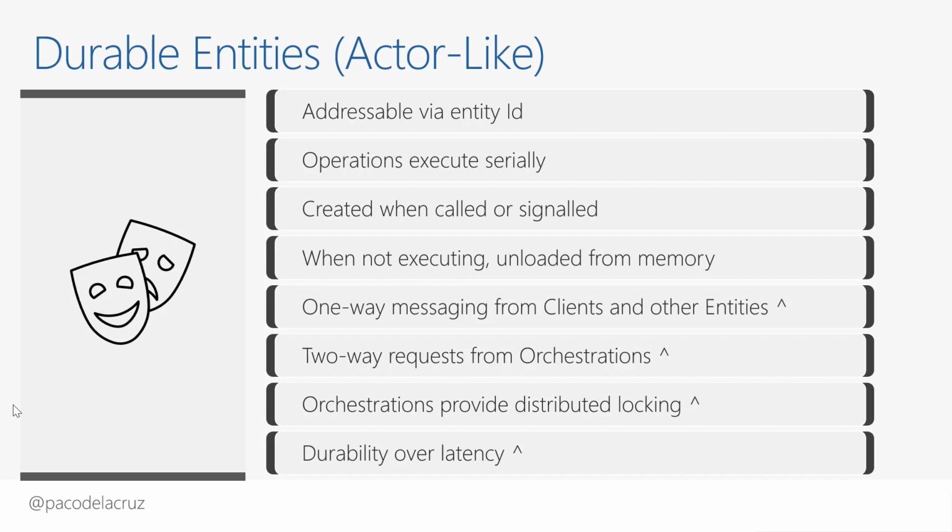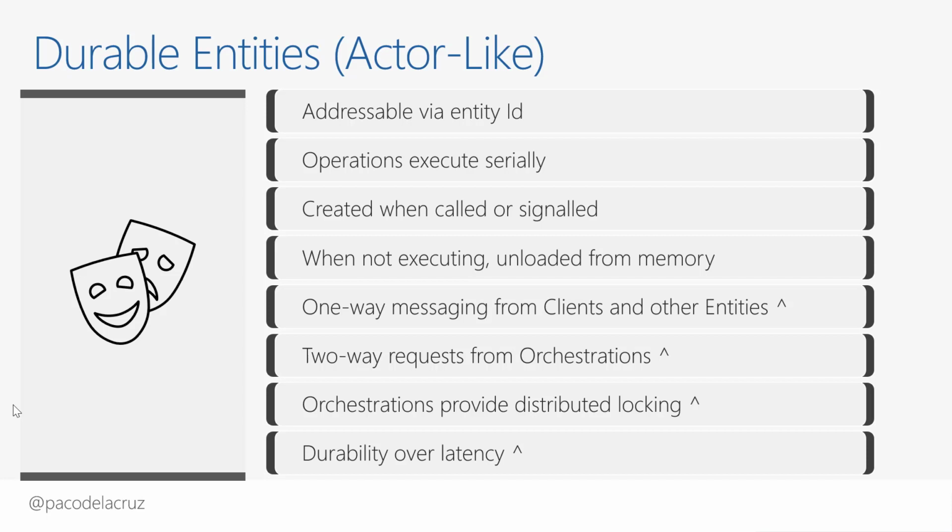Operations are executed serially, so we make sure that there are no race conditions. Every time we send a signal to the entity, this signal is queued, and then the framework will execute these messages in order.